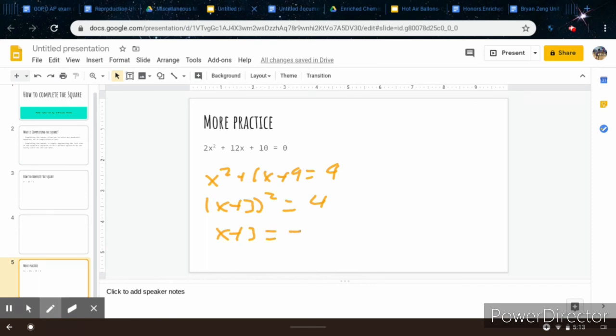So equals plus minus the square root of 4, which is 2, so plus minus 2. Now we subtract 3 from both sides to isolate x. So we have x equals -3 plus minus 2. So -3 plus 2 is -1, so x equals -1. -3 minus 2 is -5. So x can either equal -1 or -5.